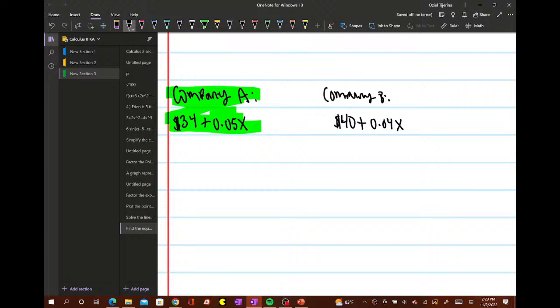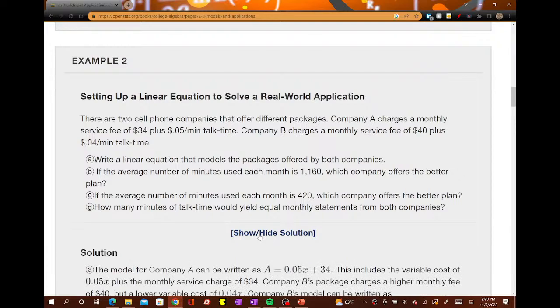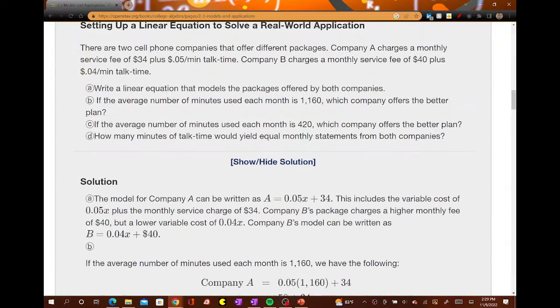And then it says write a linear equation that models the packages offered by both companies. So let me think. Just want to see how they did it.